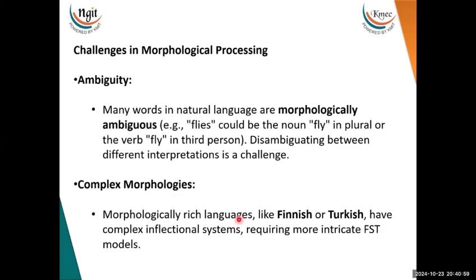So basically, in these languages, a single word will express what would be an entire phrase in English, due to the extensive inflectional morphology that they have. Got it? That is a big challenge for morphological processing.